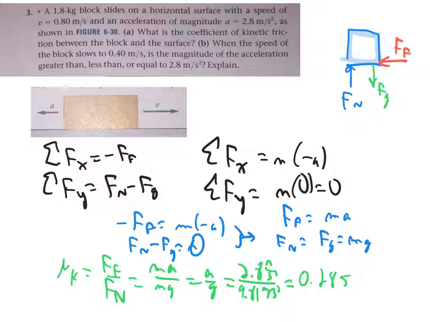And that's what we have. Well, we only have 2 digits of sig figs for A, so we only really get 2 sig figs here. 0.29 is our coefficient of kinetic friction.